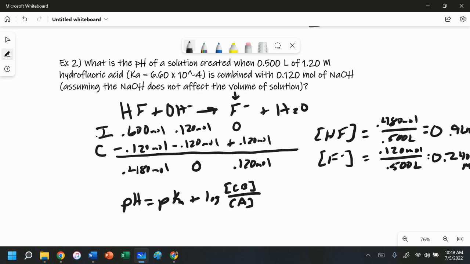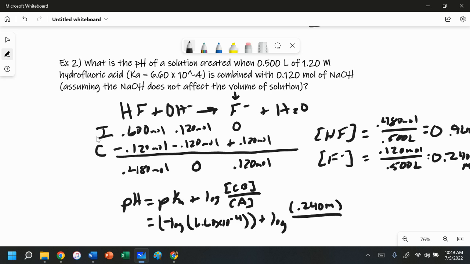So now we know the concentrations of our acid and our conjugate base, and we can plug that into our Henderson-Hasselbalch equation. So the pKa of our acid is the negative log of the Ka, which is 6.60 times 10 to the negative 4, plus the log of our conjugate base, which is in the numerator, 0.240 molar, divided by the concentration of our acid, which is 0.960 molar.